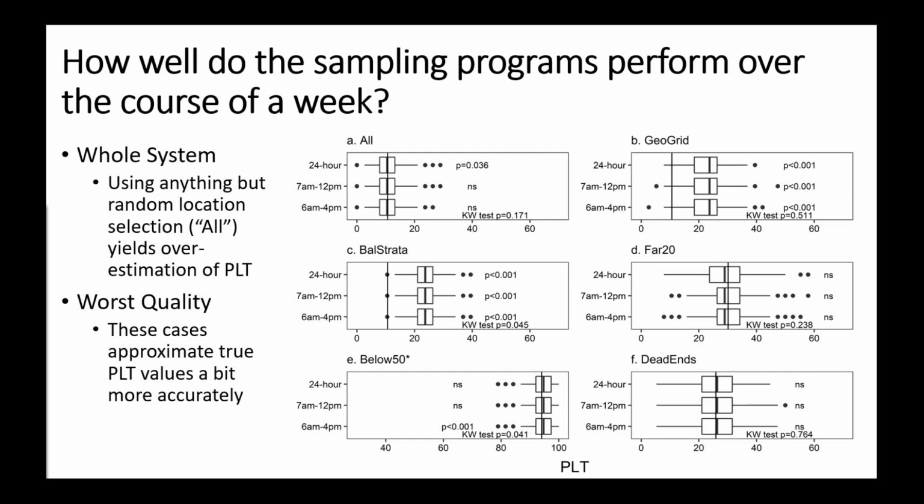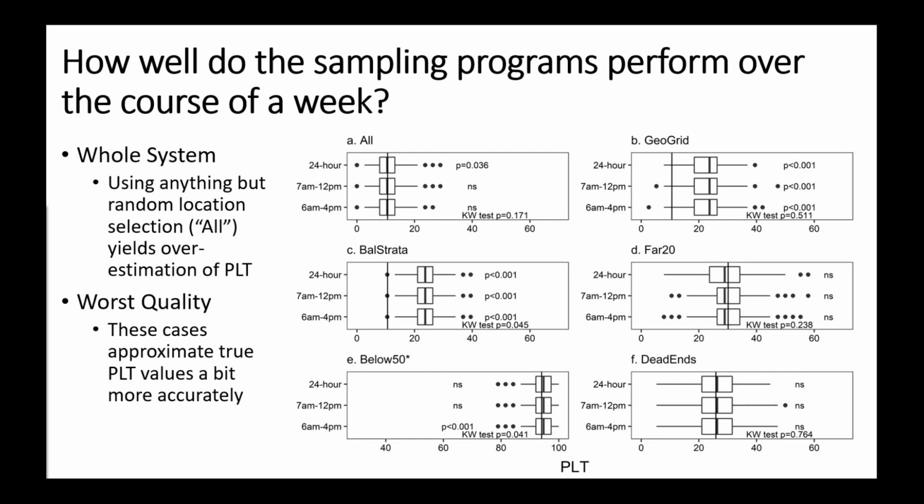From the box plot results, you can see that for the geogrid and the balanced stratification, the median value, which is the thick part in the middle inside of the box, shows an overestimation of the percentage of samples that are less than the target concentration.